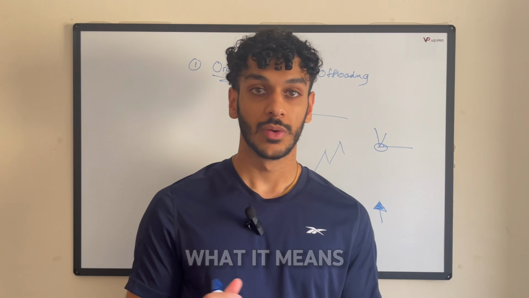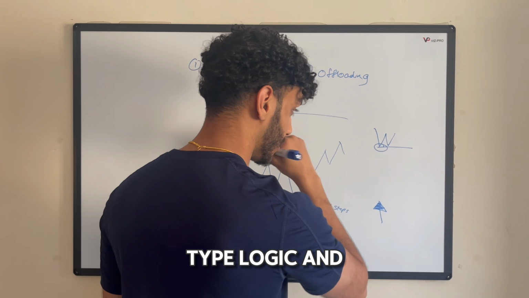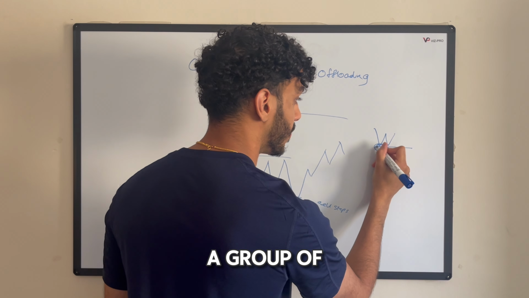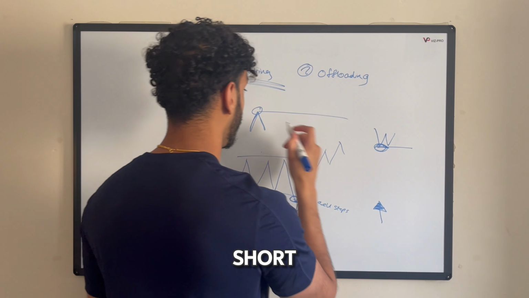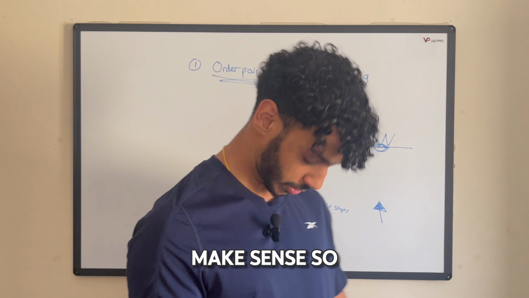What does that mean? Well, if you think about the support and resistance logic and the breakout trader logic, beneath every swing low there's going to be a group of traders looking to get short. Above every single high, there's going to be a group of traders looking to get long. Makes sense.